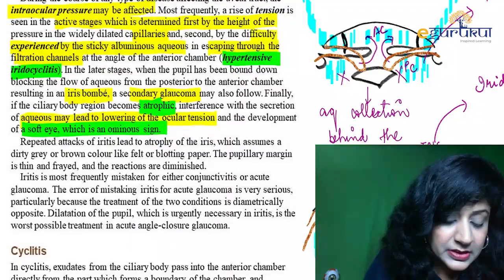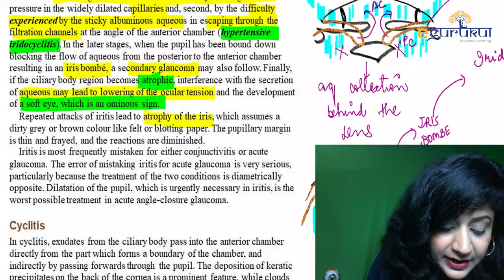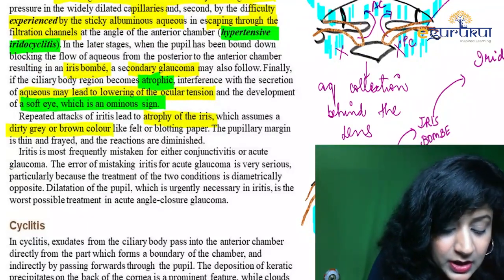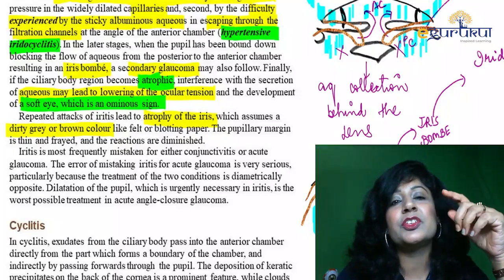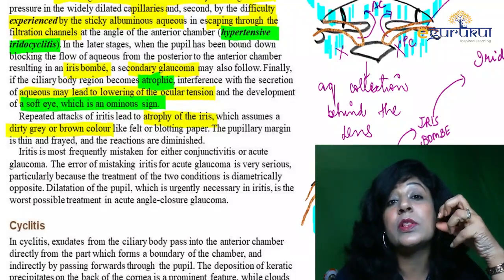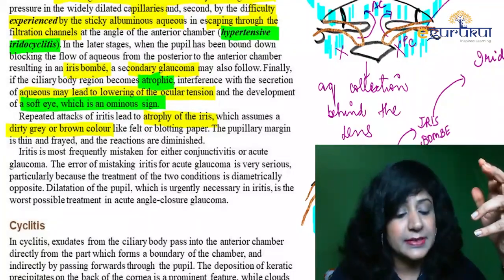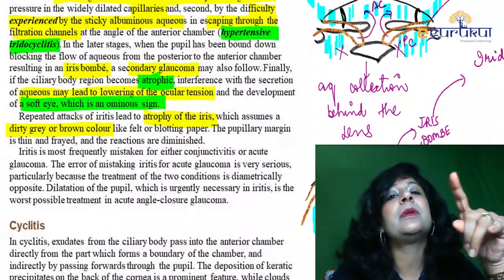Okay, now repeated attacks of iritis also lead to atrophy of the iris, which assumes a dirty brown color. So why do we have changes in the color of the iris, why do we have changes in the structure of the iris? All these are signs of acute anterior uveitis. The reason is very simple, because we are having repeated iritis.